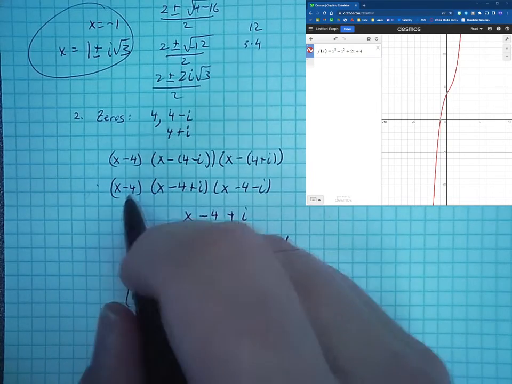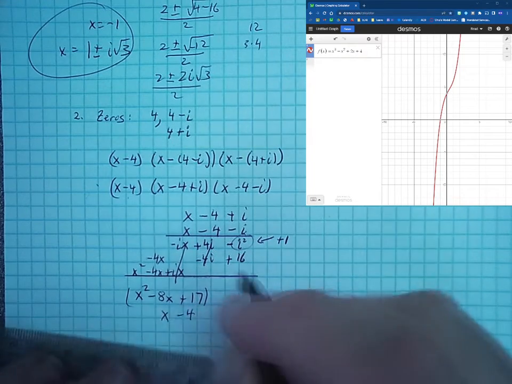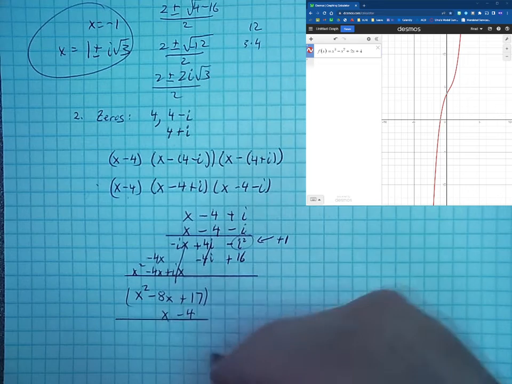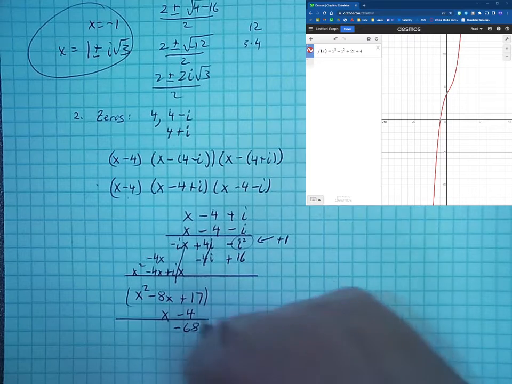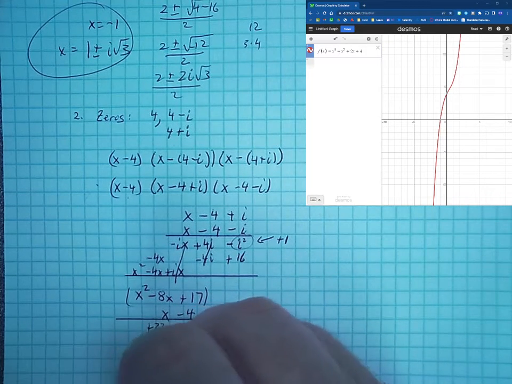Now I have to multiply this by my third factor, x minus 4. But there's no imaginary numbers anymore, so I just multiply it through. Negative 4 times 17 is negative 68. Negative 4 times negative 8 is positive 32.